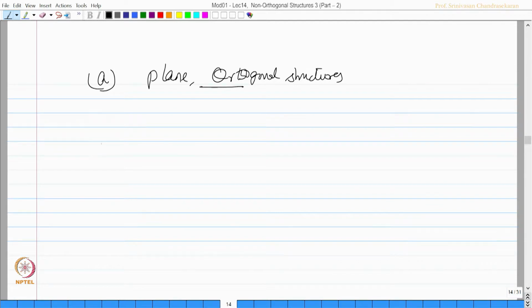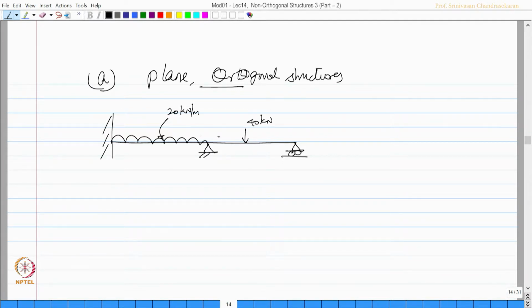The first example was a problem of this kind, which had loading of this kind, and this is 3 comma EI, this is 5 comma EI, and these were the unrestrained and restrained degrees of freedom which we have marked to solve the problem.